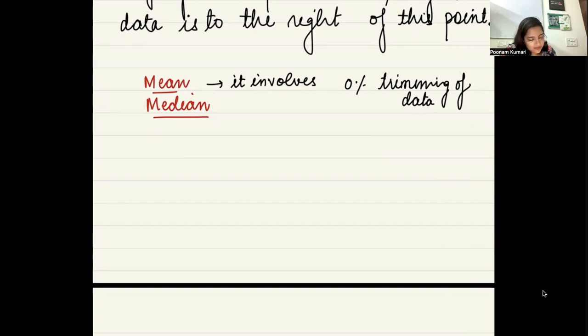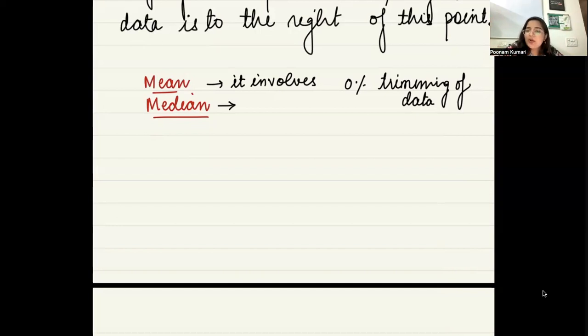In median, what happens? Whenever you calculate median, you don't care what is on the left, you don't care what is on the right. All that matters to you is, if the data is even, those two middle points, and if it is odd, that one central middle point. You don't care what is happening to the left or the right, as long as the position is the same, right?